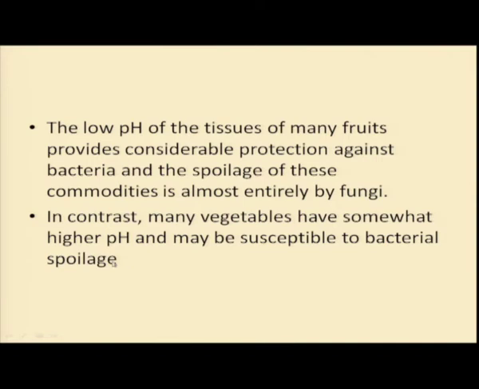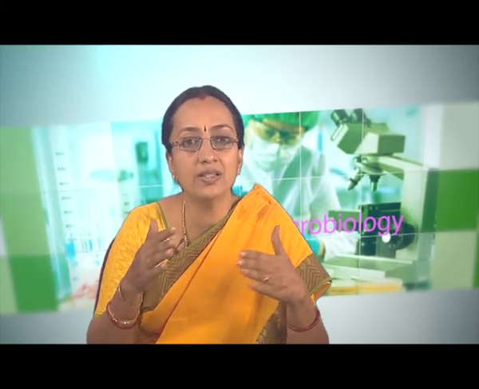So when we are talking about vegetable and fruit products, fruits that have a low pH normally prevent the bacteria from growing and damaging them. But the fungi have no such restriction, so they can grow and spoil. Whereas many vegetables, which have a higher pH, get spoiled by bacteria. So depending upon the type of product, the spoilage organisms are going to differ.